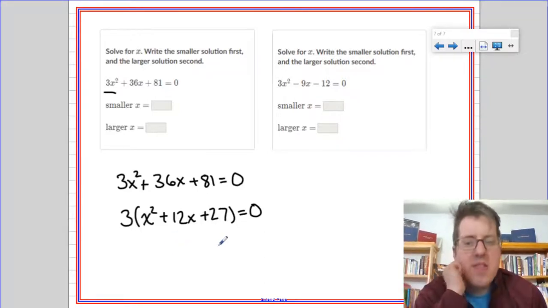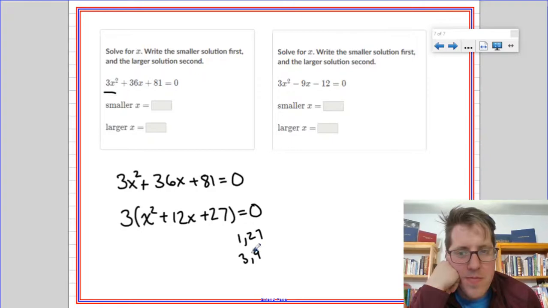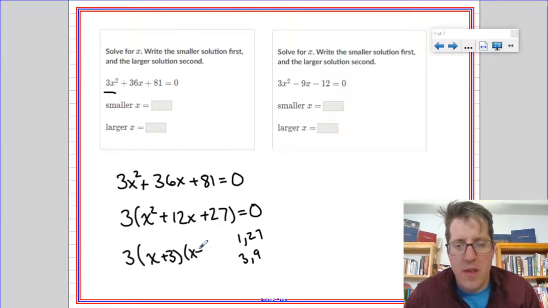Then I'm going to say, what multiplies to make 27 and adds to make 12? Well, 27 is just 1 and 27, or 3 and 9. 3 and 9 add to make positive 12. So this is 3 times x plus 3 times x plus 9, sorry.